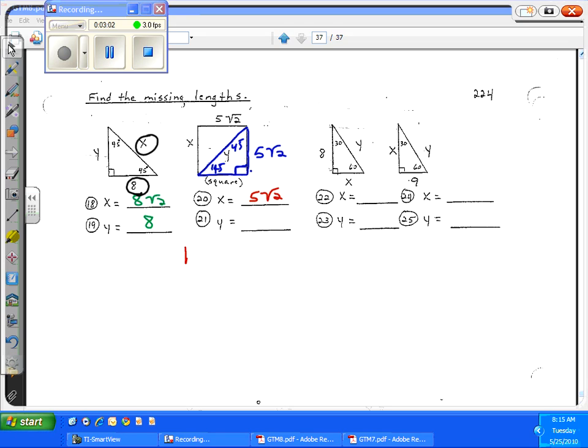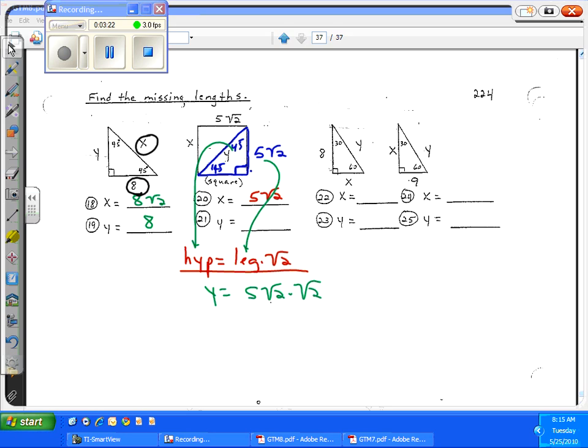In the 45-45-90, the hypotenuse is equal to the length of a leg times the square root of 2. So hypotenuse y is equal to leg 5 square root 2 times square root 2.